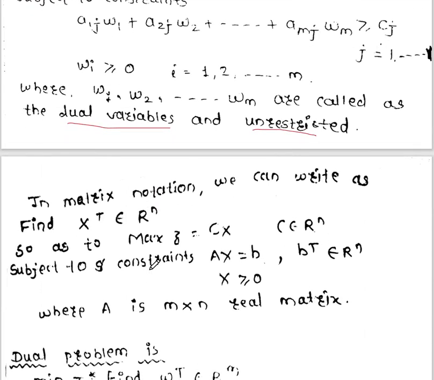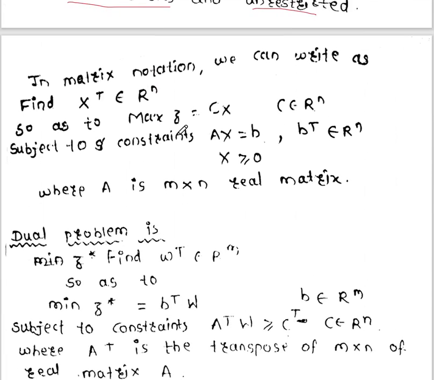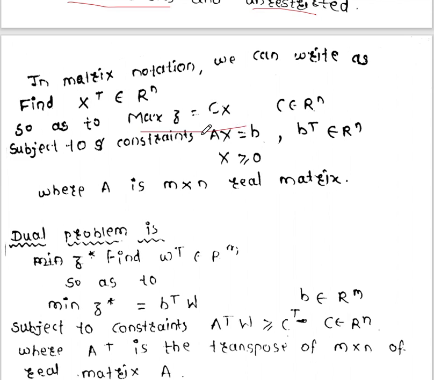Now we will see the matrix notation of the primal to dual. In matrix notation it can be written as: find x transpose belonging to R raised to power n, so as to maximize z equal to cx, which is our objective function, subject to the constraints Ax equal to b, x greater than or equal to 0, where A is an m cross n real matrix.